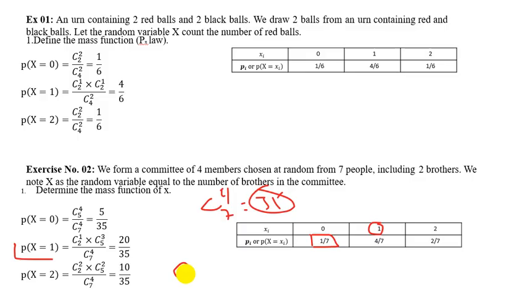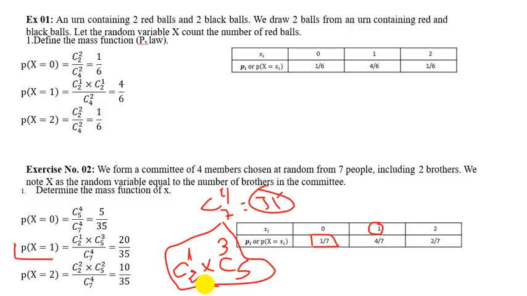That means I choose one from the two brothers, and for the rest, which is 3 of them, the other 3 I choose among the 5 remaining people.